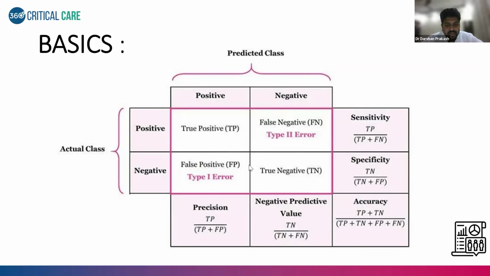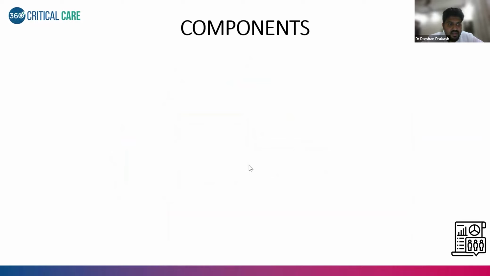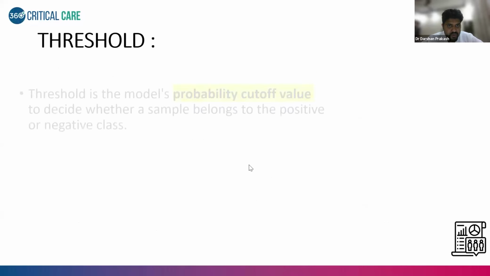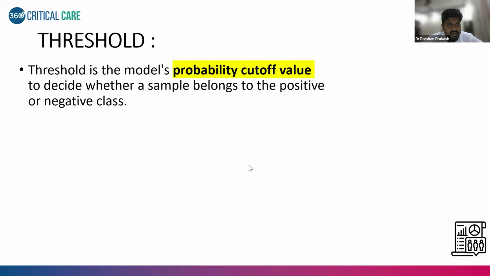Okay. So coming to the components of the receiver operating curve, you have the true positive rate and you have the false positive rate. Correct? These are something that I've already mentioned, that is the y-axis and the x-axis. Okay. Next important thing is the threshold. The threshold is the model's probability cutoff to decide whether a sample belongs to the positive or a negative class.